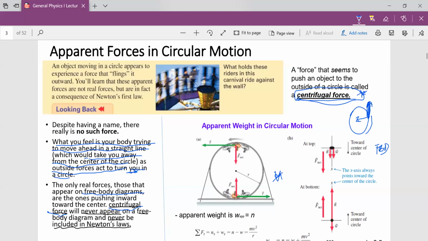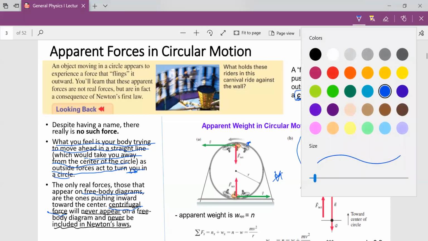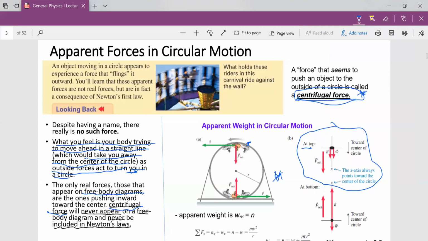So when they are at the top, at this position, we see the free body diagram description. Look at the direction of the normal force. That is why when we were describing the direction of normal force, we did not just say it points upward, because every motion varies in its description of the normal force.